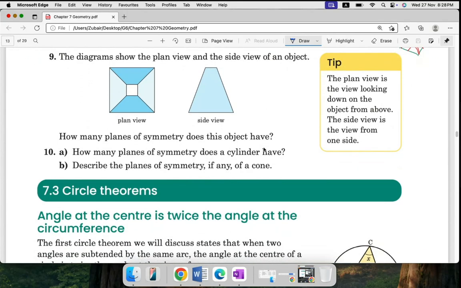Number 9. The diagram shows the plan view and the side view of an object. Plan view or the top view. How many planes of symmetry does this object have? You need to have strong imagination.